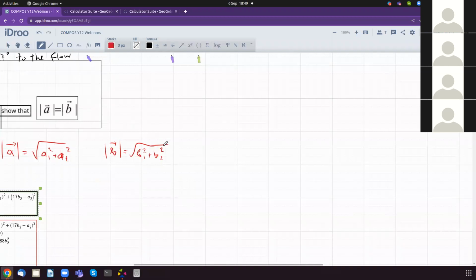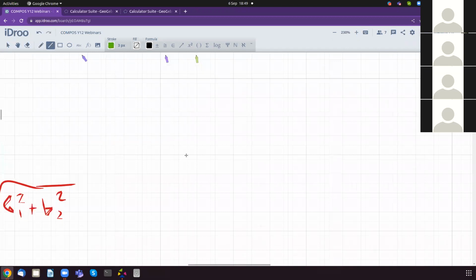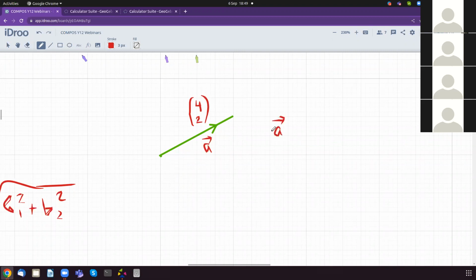So if you have, let's say, a vector 4, 2, where this is 4 and this is 2, and this is vector A, the modulus of vector A is the length, and the length can be found using the Pythagoras theorem.